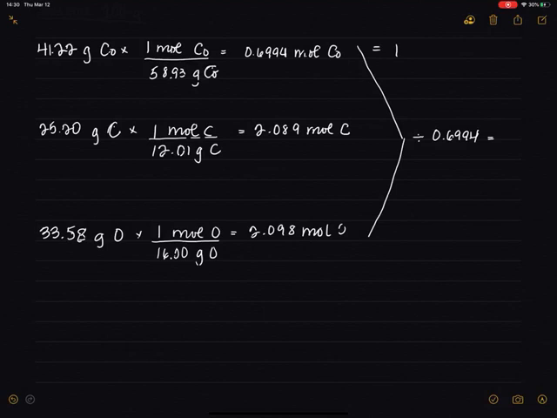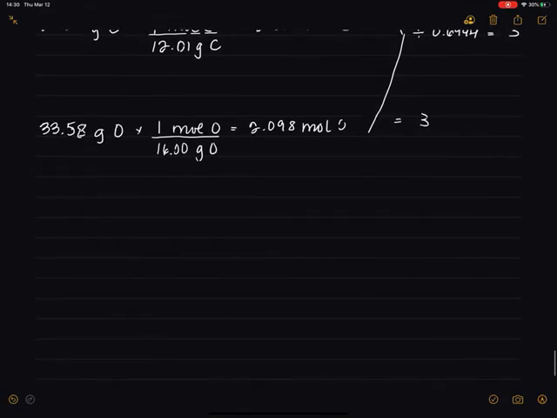Our empirical formula is CoC3O3. So far, it's no different than what we've worked with before.